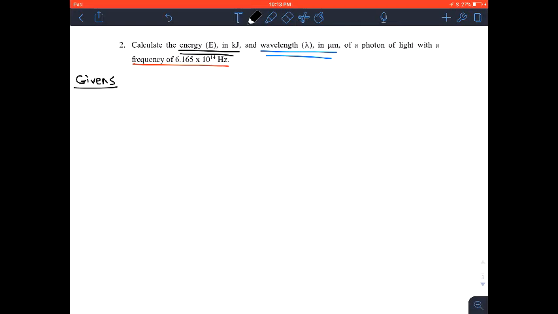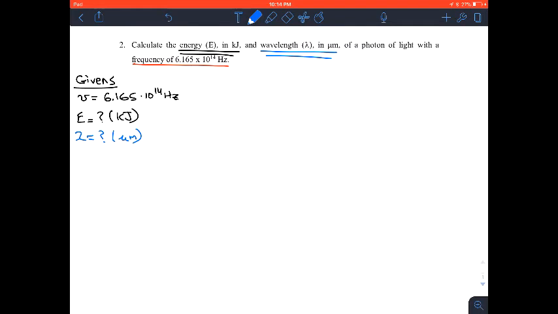Okay, so we have our frequency, which of course is nu, of 6.165 times 10 to the 14th hertz. Then we have our energy equals question mark in kilojoules. Then, just to keep the color coordination going, we have wavelength equals question mark in micrometers.